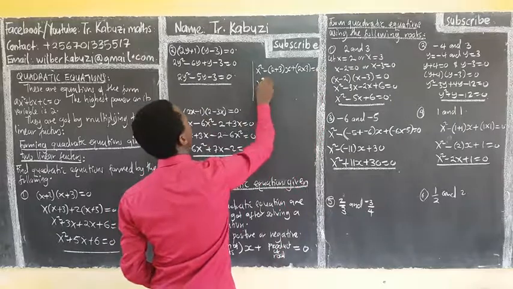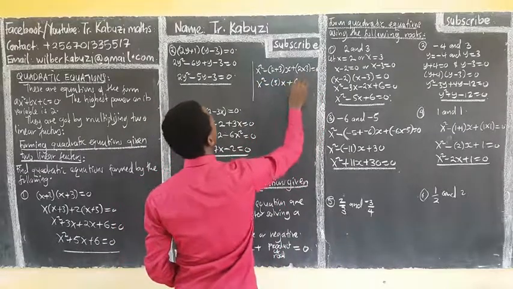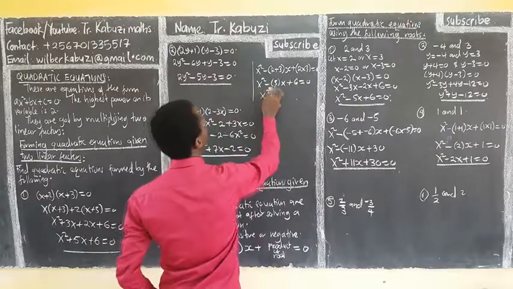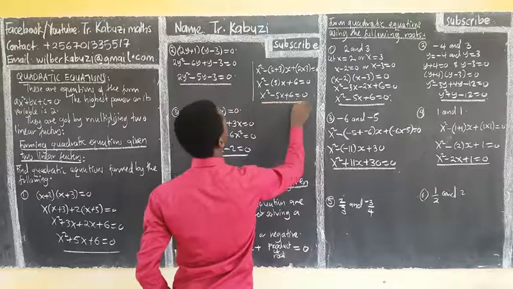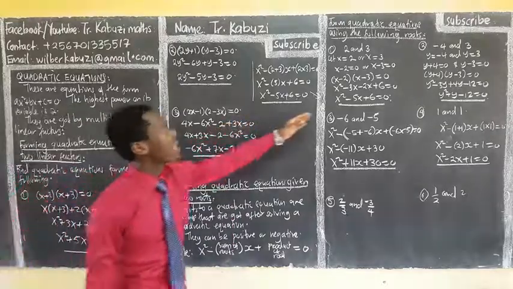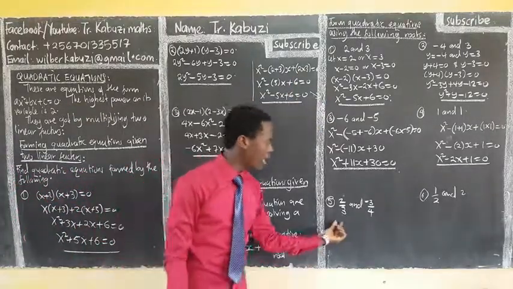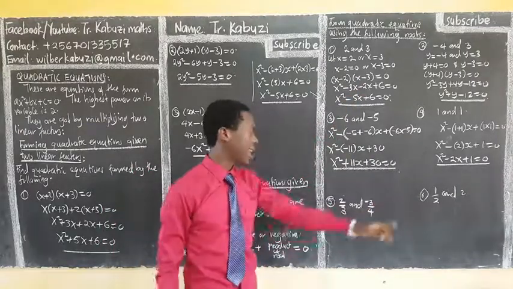This will be x squared minus 5 into x, then plus this, and this will get 6 equal to 0. So this will be x squared minus 5x plus 6 equal to 0, which is the same there, I think you see. So this one is very easy. I think it's the steps we have skipped. It's up to you. Now, I'm going to use this method here, then I use this one, the other side.